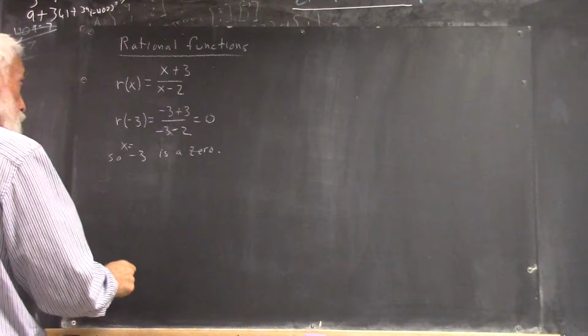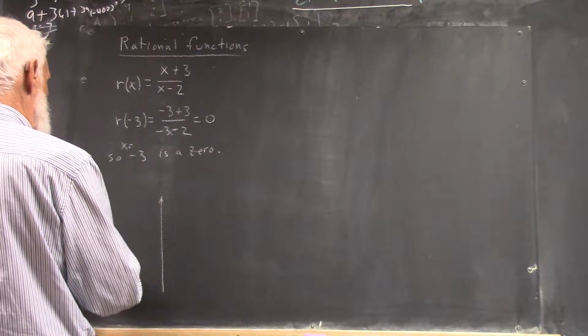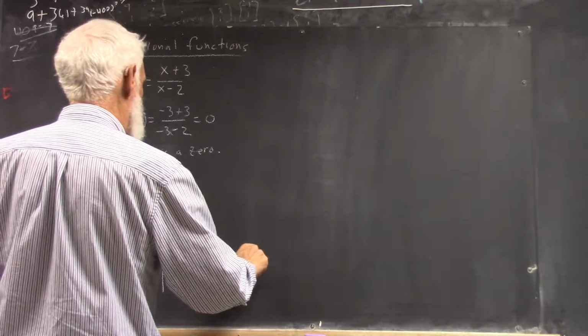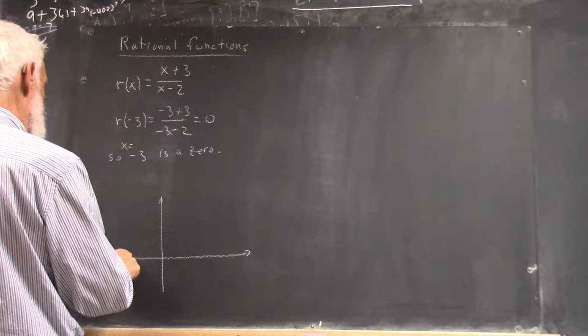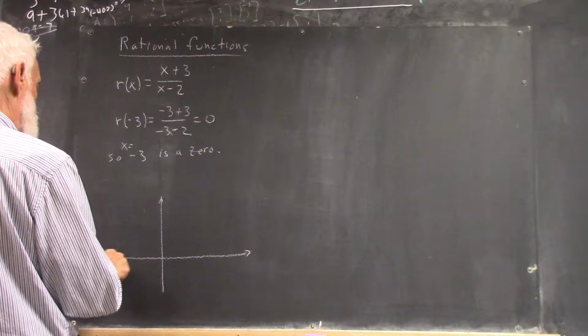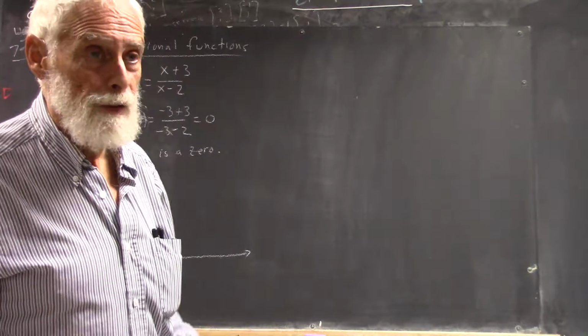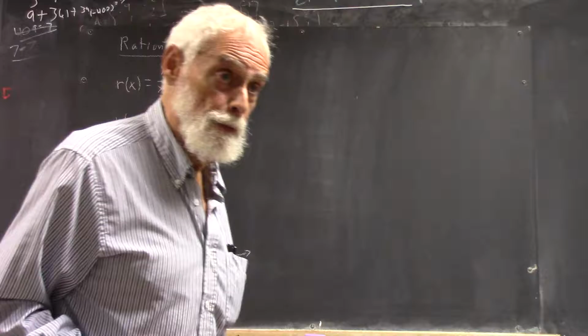So if we're trying to graph this thing, we know that at x equals -3, the graph has to pass through this point. Or at least it has to touch the x-axis at this point.